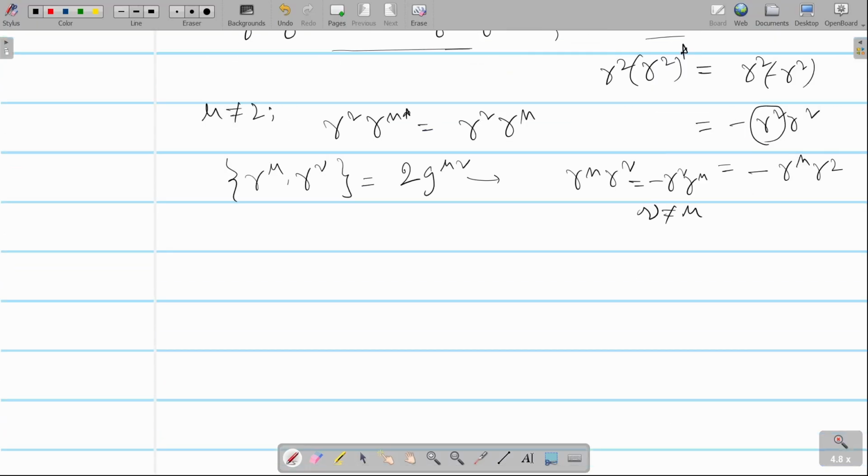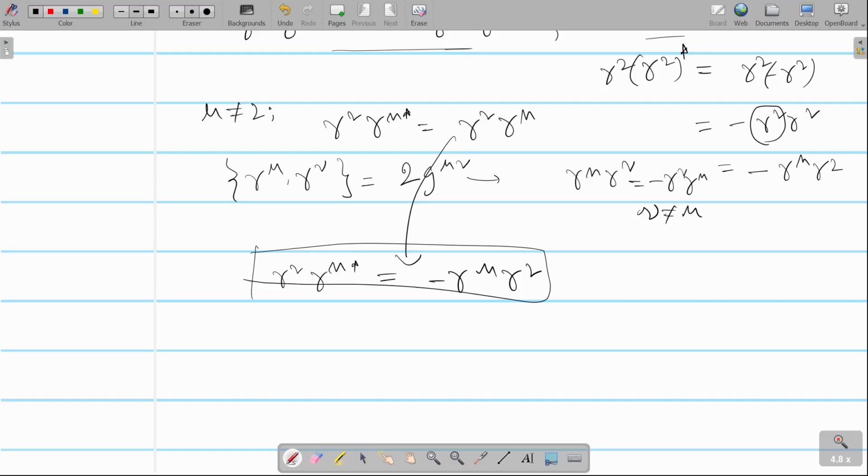And we're going to use that. And we can write this expression to be minus gamma mu gamma 2, and that sort of proves it. That proves the following identity for all the cases of mu, and we're going to use it.